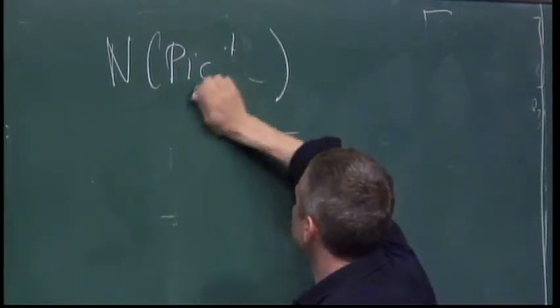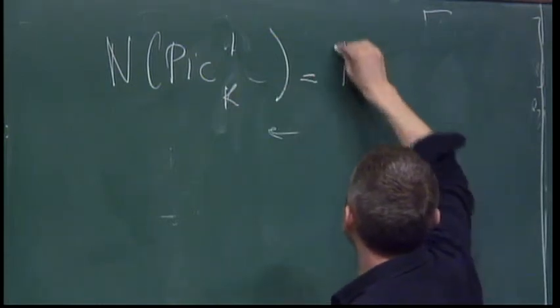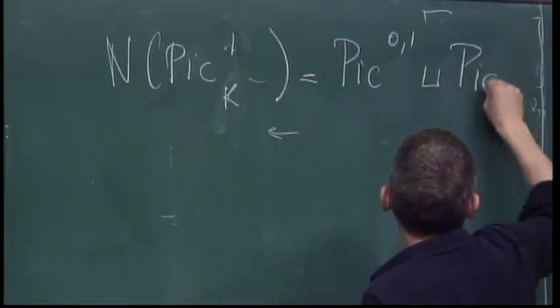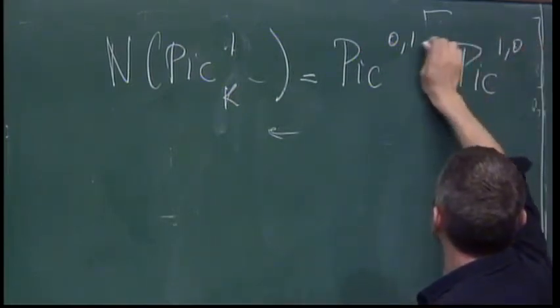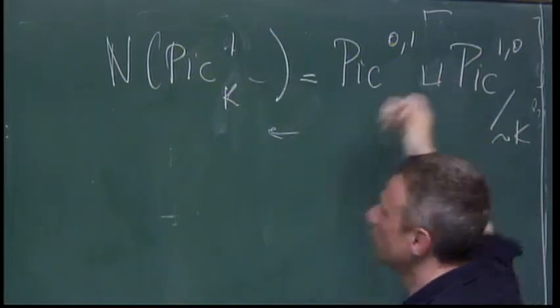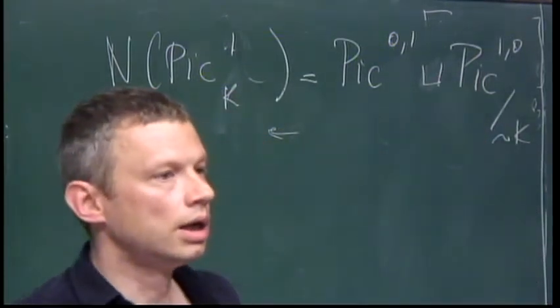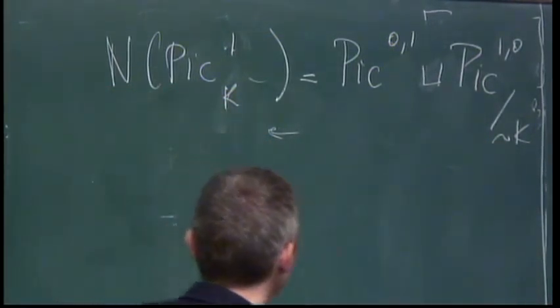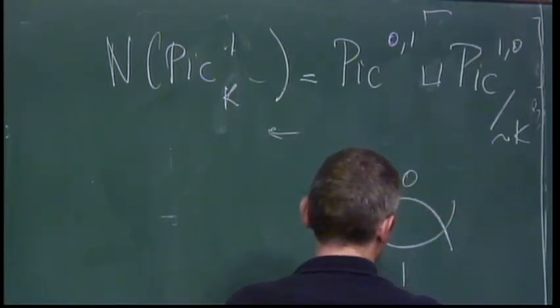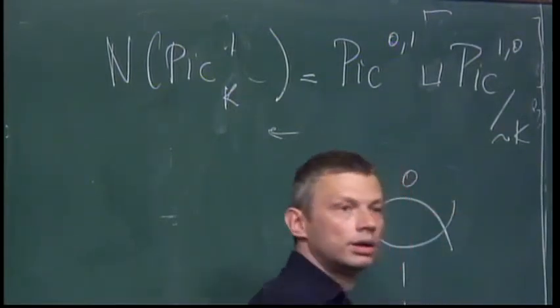In the case of a curve with one node, you can actually obtain the right answer by gluing together along K two Picard functors, the one where the degree on this curve is 0 and 1, and the one that is 1 and 0.